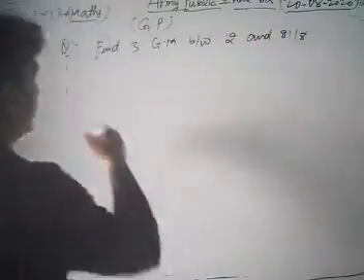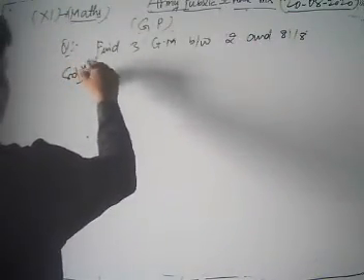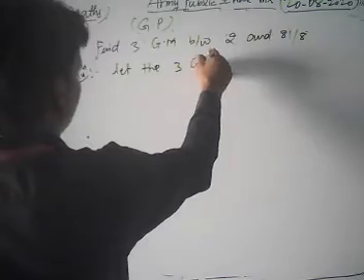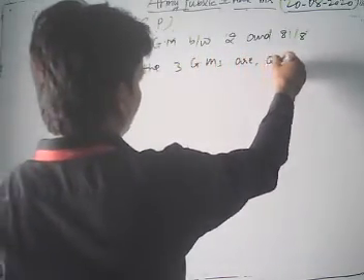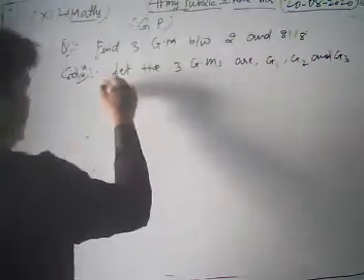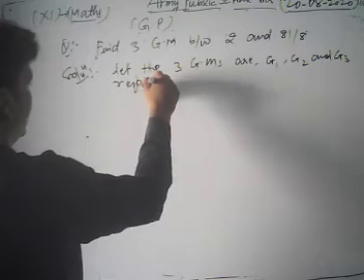Now we should do its solution. First of all, let the three geometric means be G1, G2 and G3 respectively.